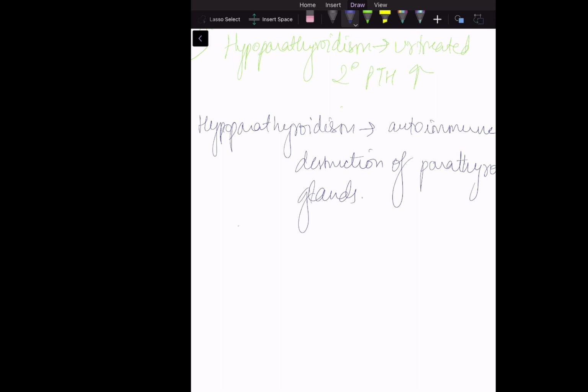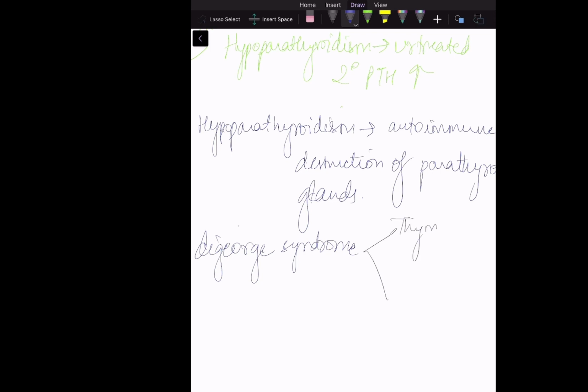Then what can we do in this? In this case it is type 1. Then there is DiGeorge syndrome. What is DiGeorge syndrome?